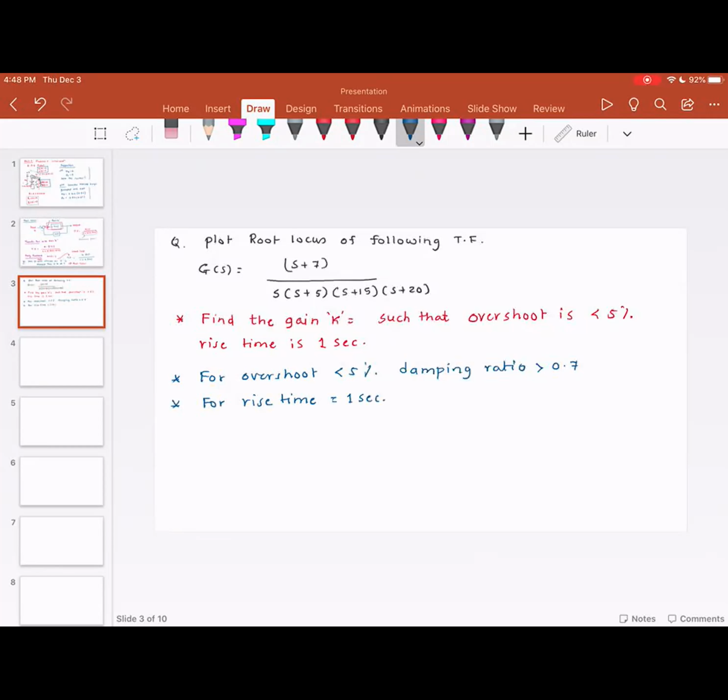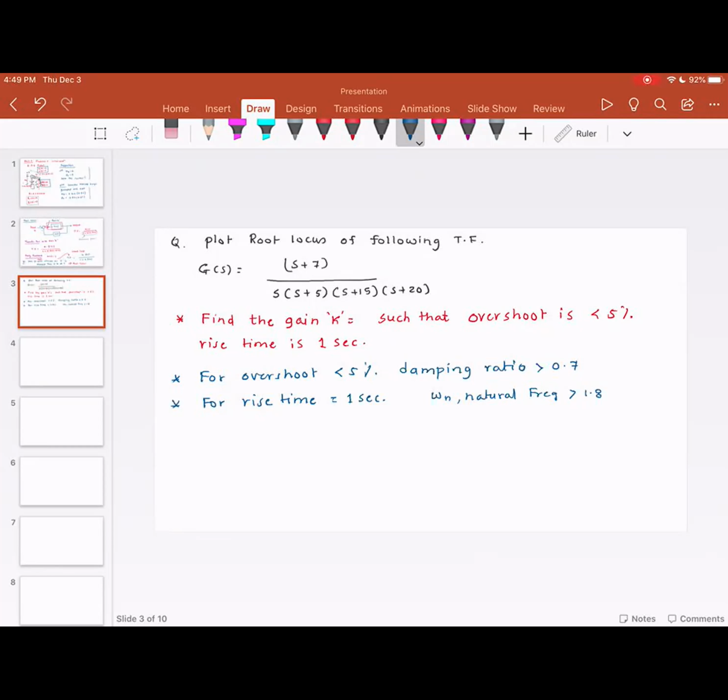the natural frequency omega n should be greater than 1.8. Now, what we are going to do is plot the root locus, and on the root locus, find the value of gain in such a way that these two conditions are satisfied.